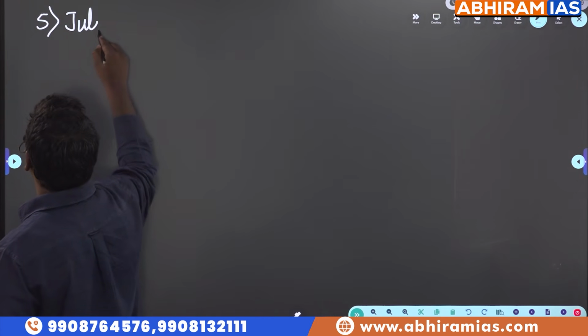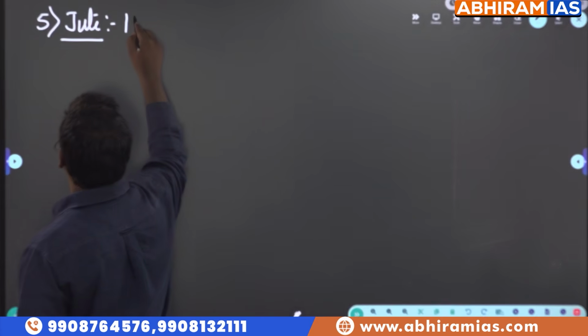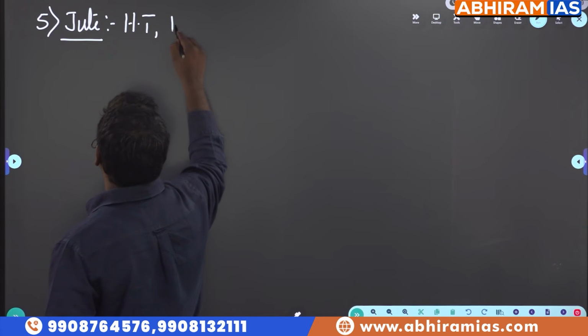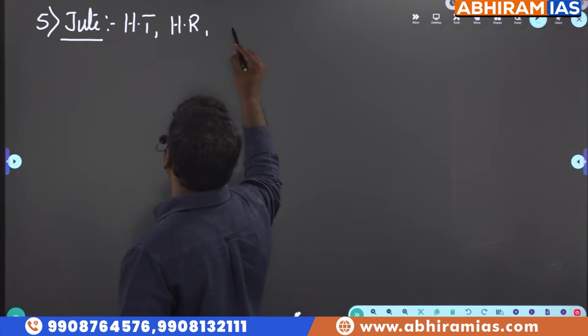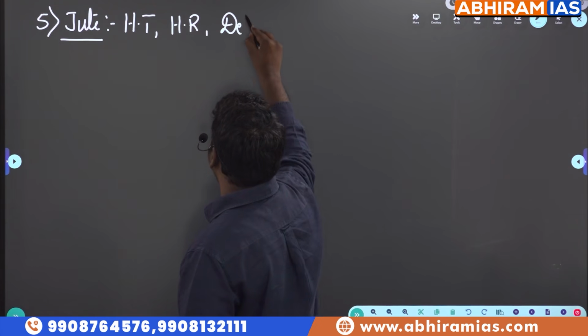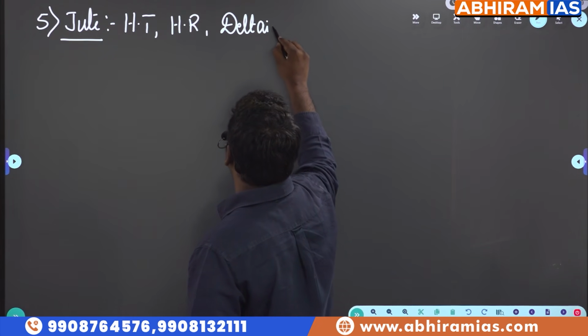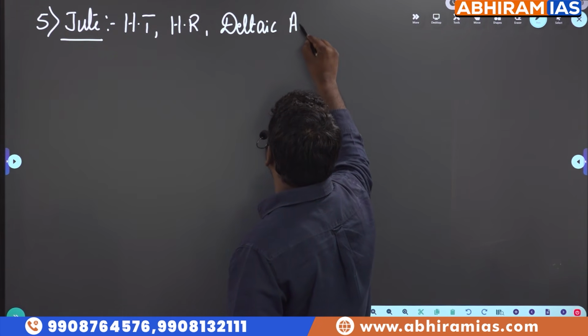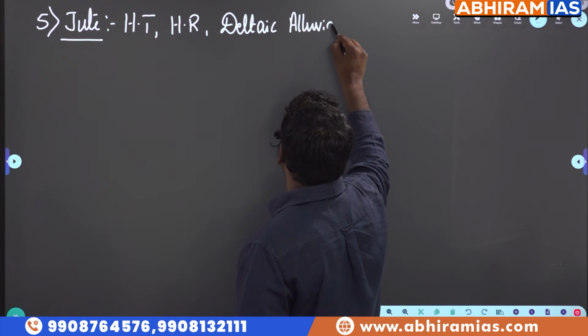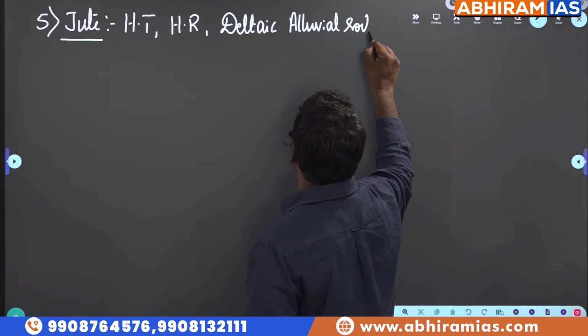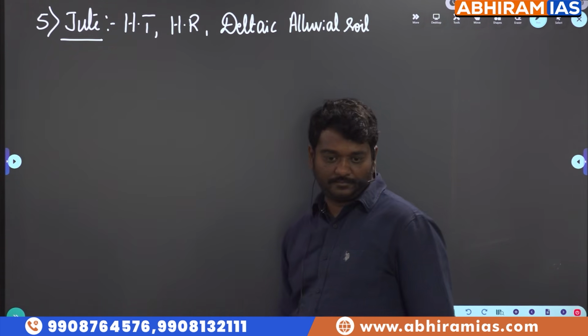Jute. High temperature, high rainfall, deltaic alluvial soil.